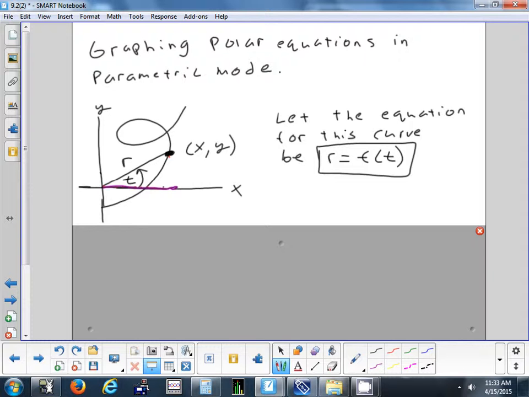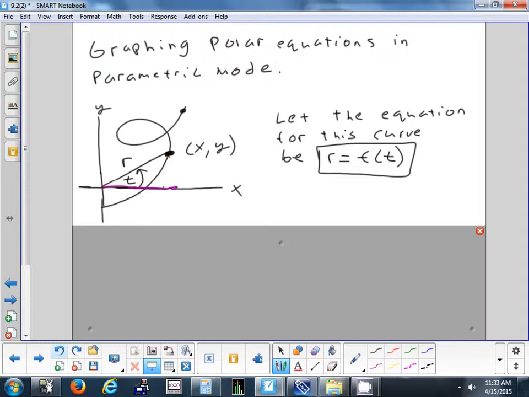Now r, the radius, isn't fixed. If I draw a different point and I draw in that radius, that point has a different radius than the other point. So the radius is changing. The only time the radius wouldn't change is if you had a circle, and the radius would be the same for every point.